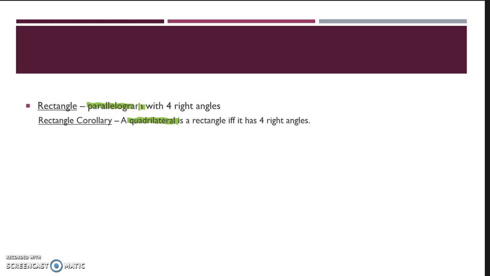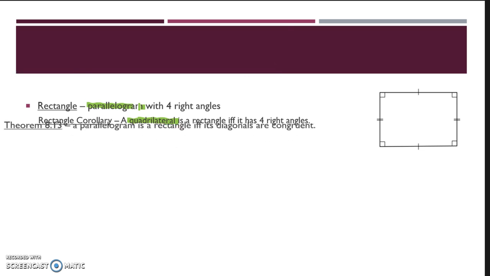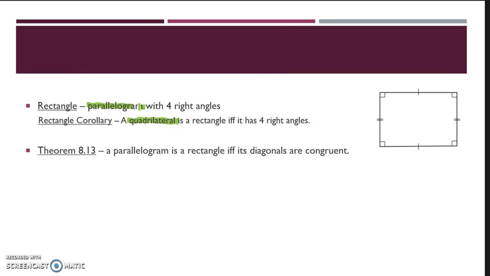They're interchangeable because it's the only type of quadrilateral that will have four right angles. And I did include a picture of a rectangle in case you may have forgotten what a rectangle looks like. There's one theorem about rectangles, and that is that the diagonals are congruent to one another.